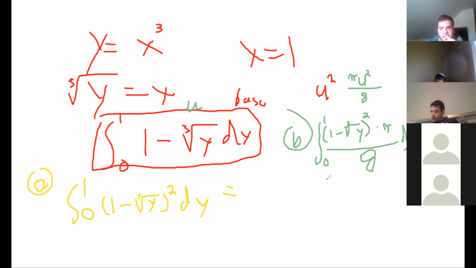And again, pi and 8 are constants, so we can move that out. Pi over 8, integral from 1 to 0 of 1 minus cube root y squared dy. Let's check real quick. Okay, it matches our answer sheet.